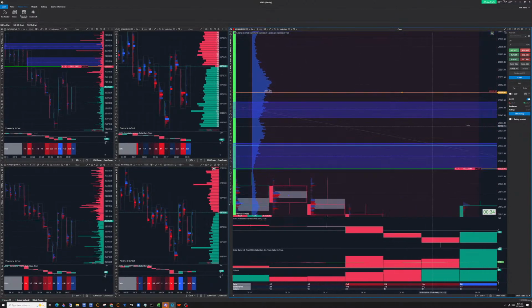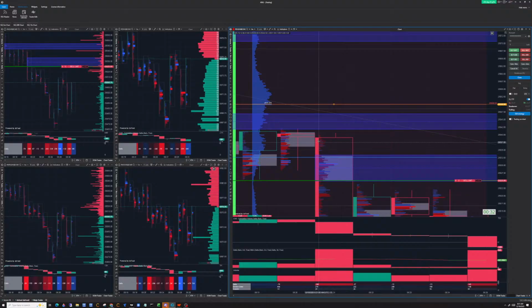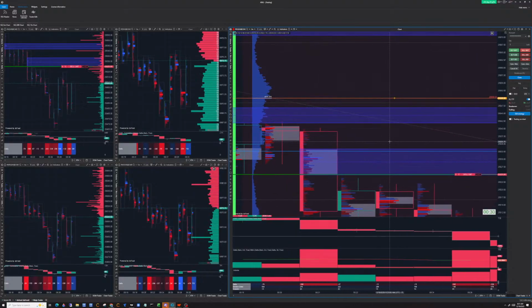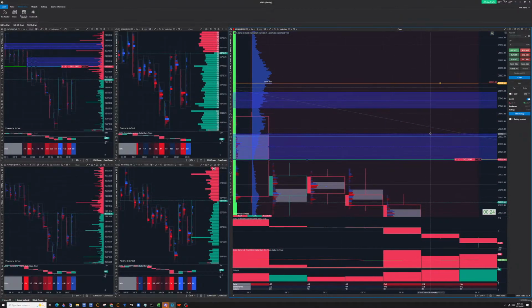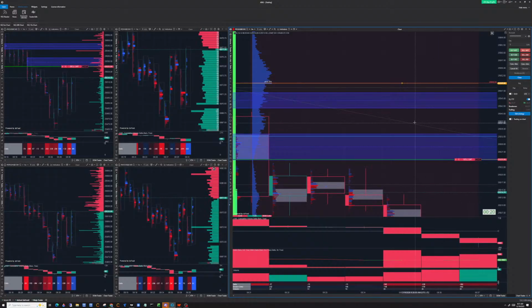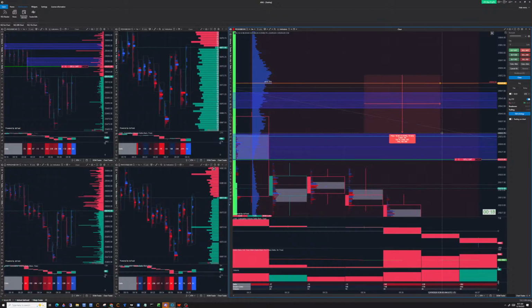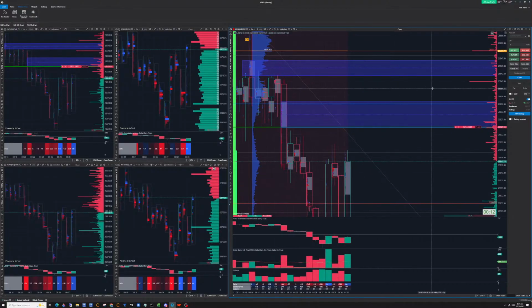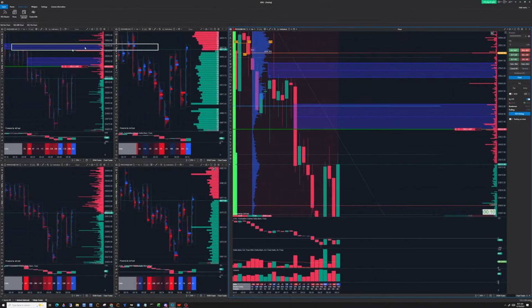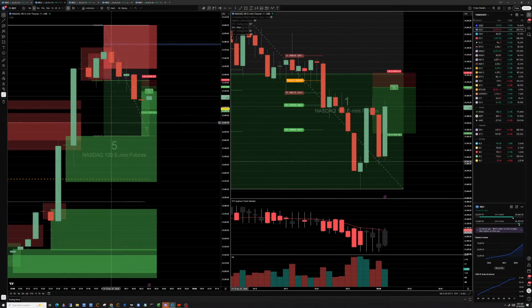Let me just see. A little bulk of volume up there. It's an idea, and that gets our stop loss. Our stop would go literally right here, right at that level right there. We'll find out. I got it marked up right there.